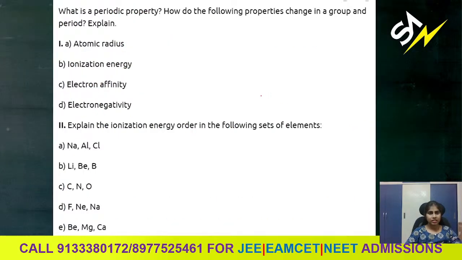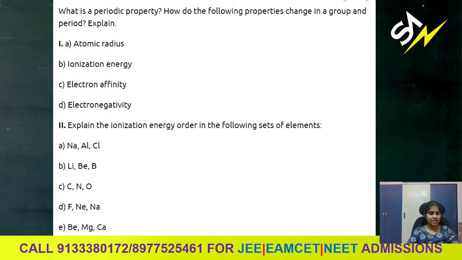And next, one of the important concepts: what is periodic property and how do the following properties change in group and period? Explain. So what is a periodic property? The property which explains the nature of the element.